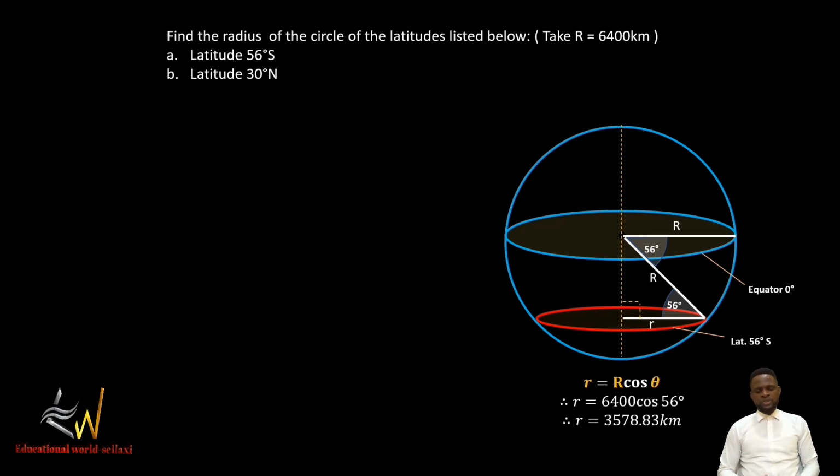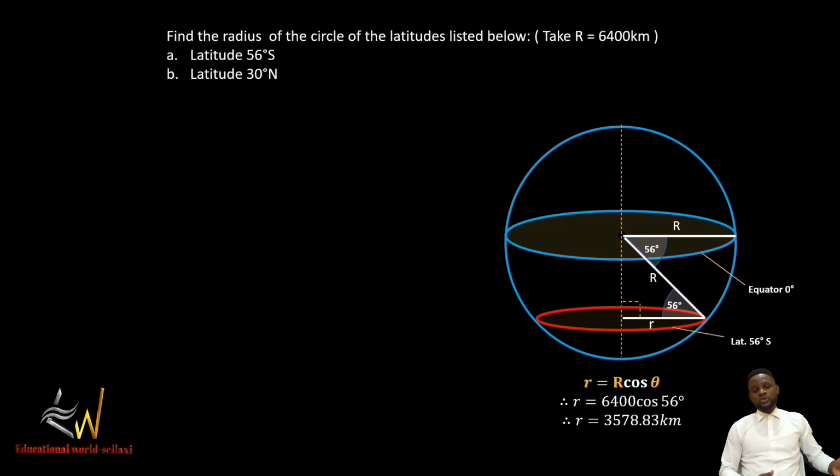When we put in the values where necessary, the radius of the circle of latitude 56 degrees south will simply be 3,578.83 kilometers when we multiply everything out. It's as simple as that. If we have latitude 56 degrees south, the radius of that latitude is simply the radius of the earth multiplied by cos 56 degrees.